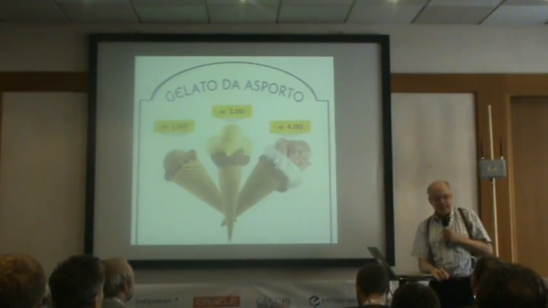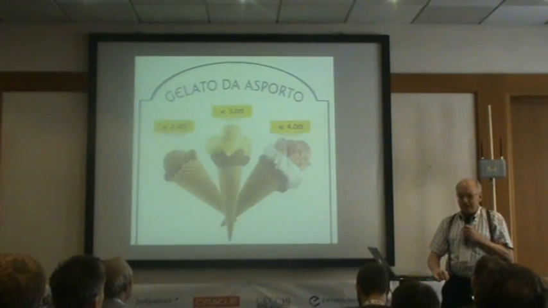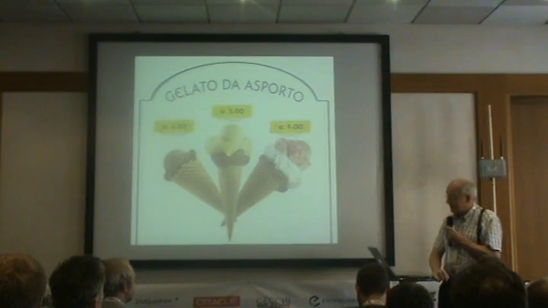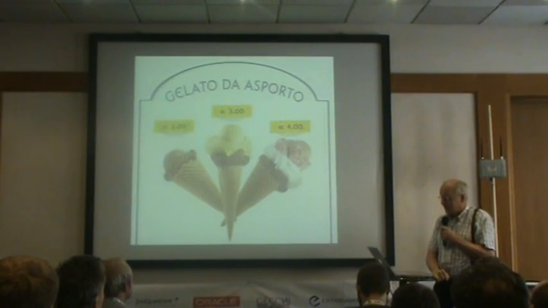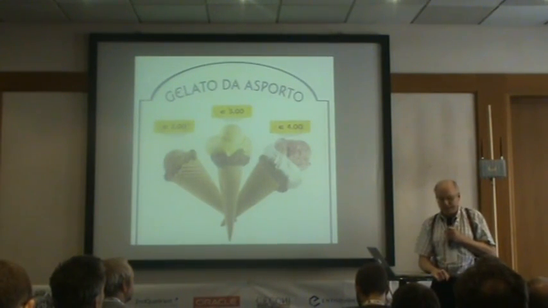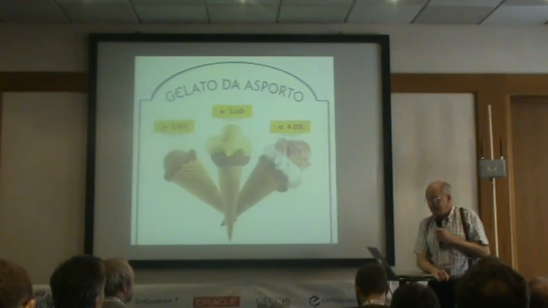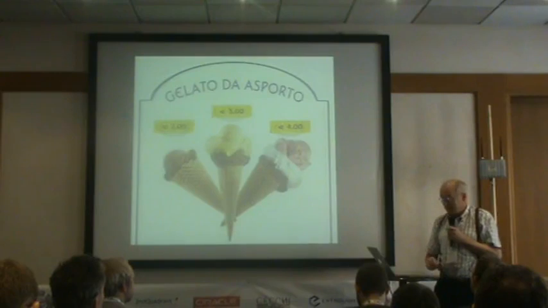We've got a cone that costs €1 and a scoop of ice cream that costs €1. So if you have 2 scoops with 1 cone, it's €3. 3 scoops with 1 cone, it's €4. Right, I can understand that. I'm ready to start doing my pricing model.